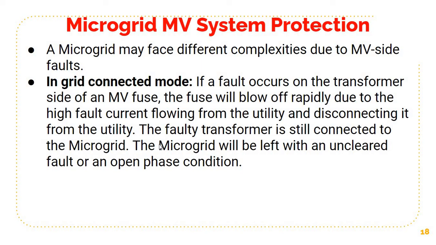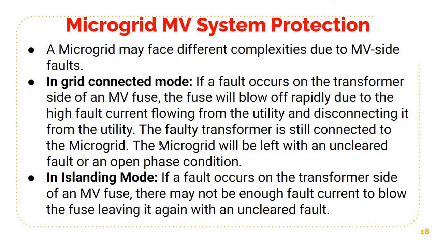But the faulty transformer is still connected to the microgrid, so what will happen? Even though for the grid the fault is cleared, the faulty transformer is still connected to the microgrid. So for the microgrid, the fault is still not cleared, or it is an open phase condition.